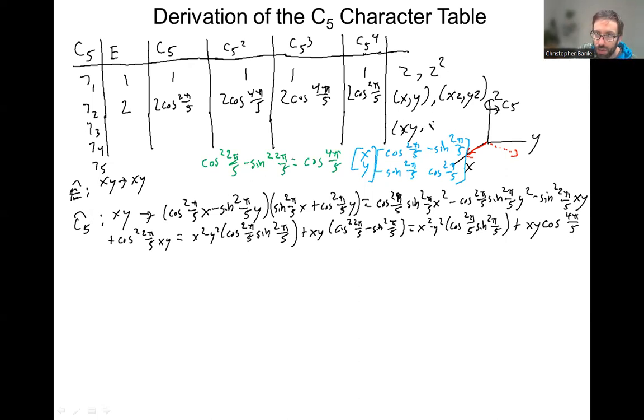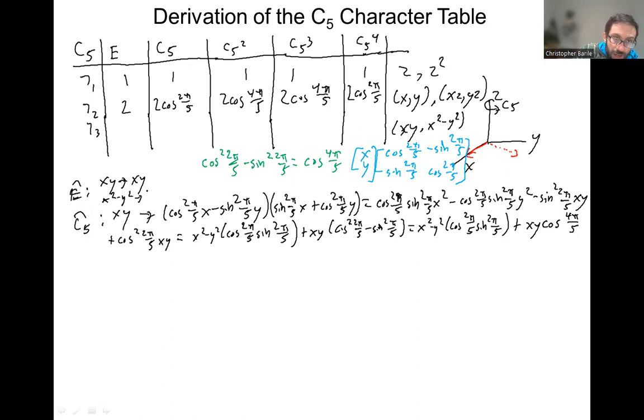And so just like x and y transform together for gamma 2, for gamma 3 now, xy and x squared minus y squared are going to transform together. Because of that, we have to write a 2 by 2 matrix, right?